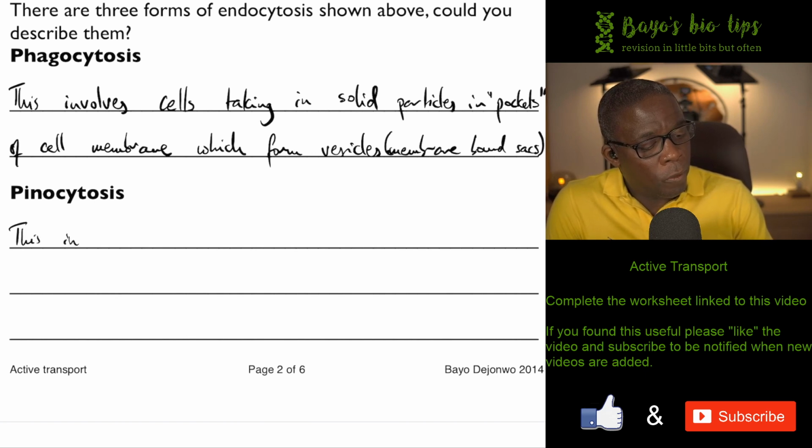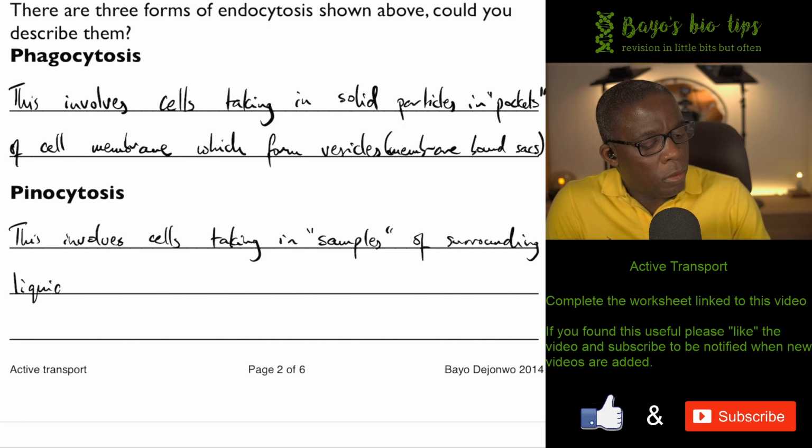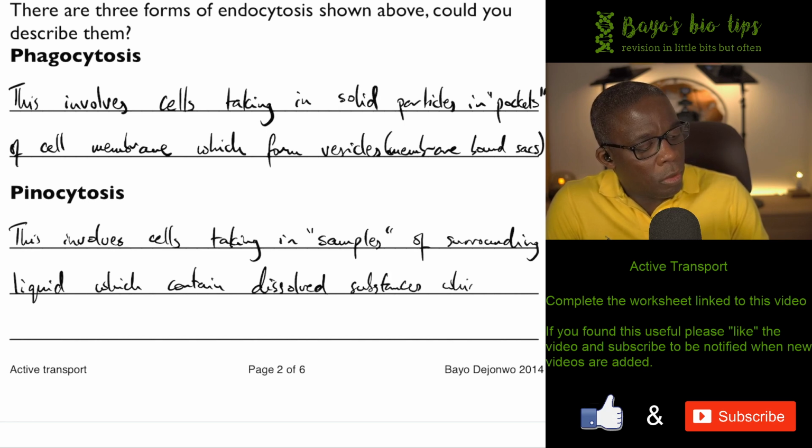Okay, so next, pinocytosis. This involves cells taking in samples of surrounding liquid which contain dissolved substances which the cells might want for cellular processes.